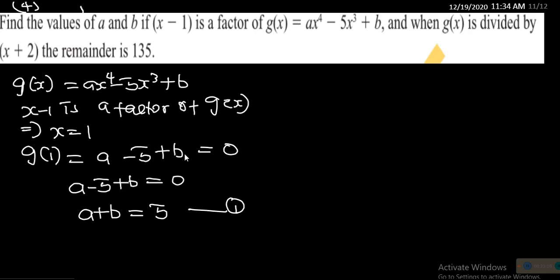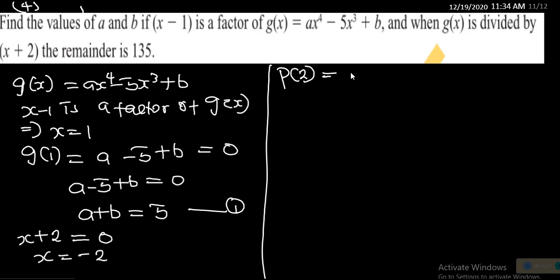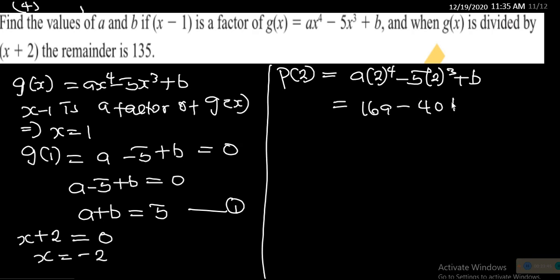Now from the second part of the sentence, when g of x is divided by x plus 2, the remainder is 135. So when x plus 2 goes to 0, we have x equals minus 2. So let's find p of minus 2. p of minus 2 will be a times 2 raised to power 4 minus 5 times 2 raised to power 3 plus b, which is 16a minus 2 raised to power 3, which is 8 times 5, 40, plus b.